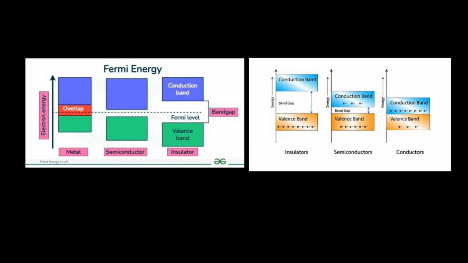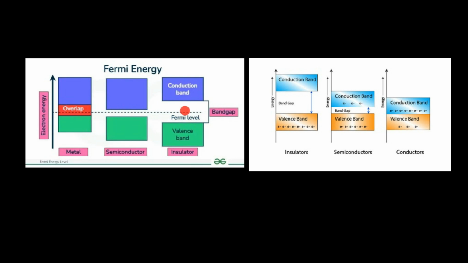You can see here this green one is the filled area. Electrons are there. Again, you can see the electrons are there, and there would be an energy level which is known as the Fermi level. As I already told you, below the Fermi level, all bands are filled.